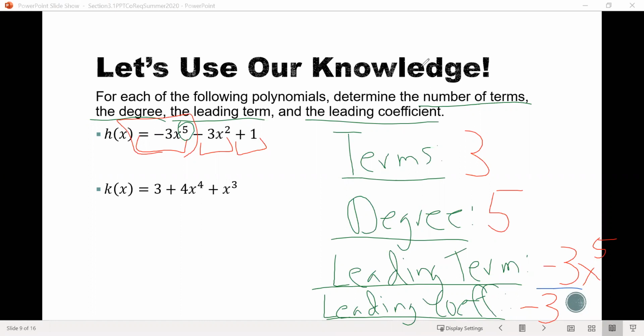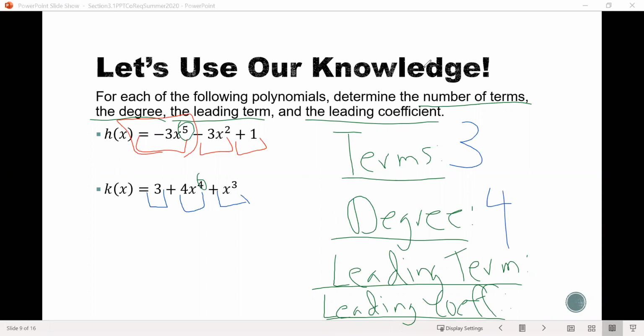Let's do a similar analysis with the second one. For the second polynomial, let's first figure out the number of terms. I count 1, 2, 3. The degree, and again, remember the degree is the highest power we see of the variable. In this case, that would be a 4. The leading term is the term that contains that highest power.